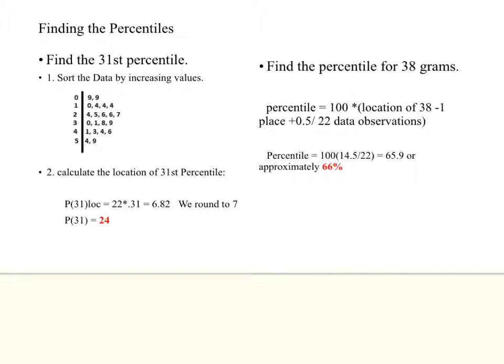So one of the questions asks, find the percentiles. We do this by sorting the data set. We can sort the data using the TI-83, with the sort A function, and then just put in, say, L1.